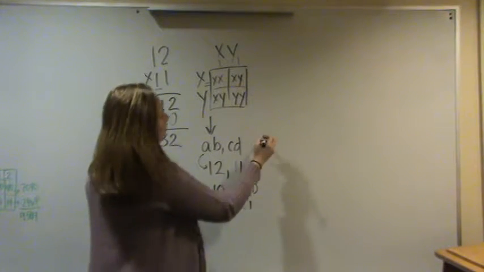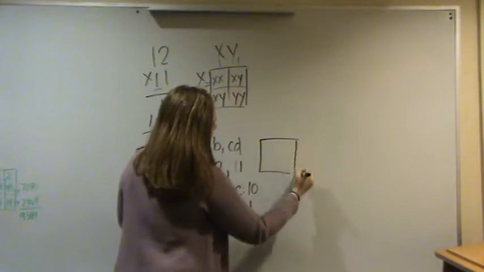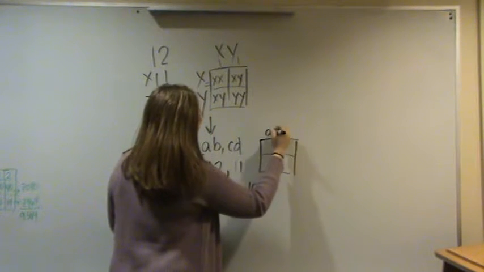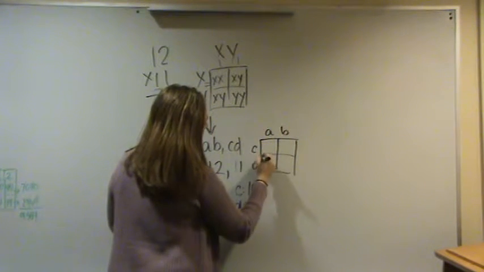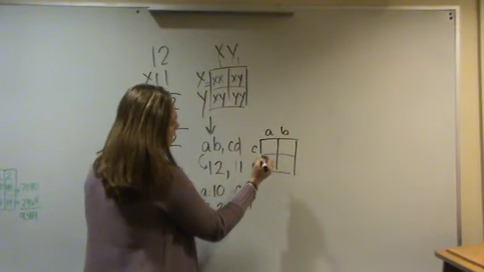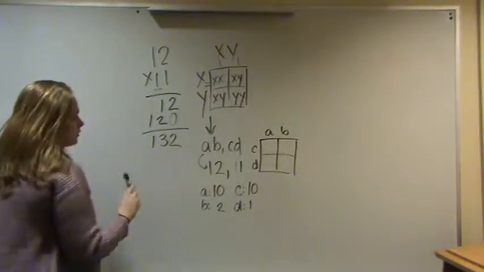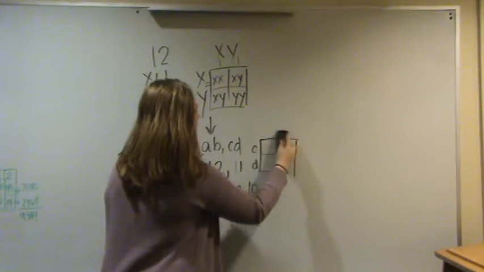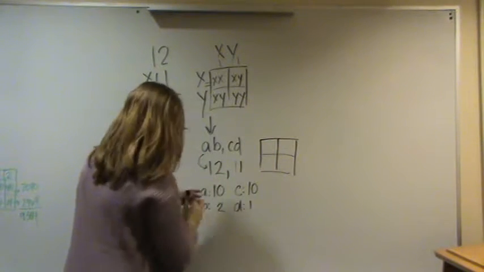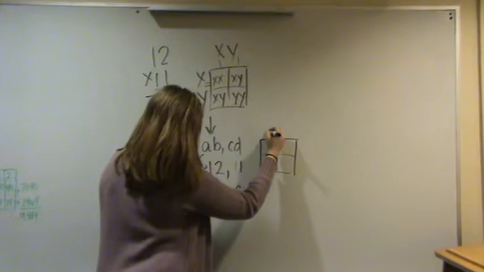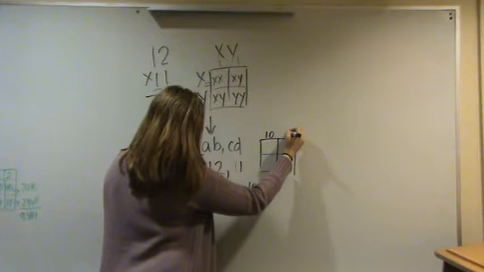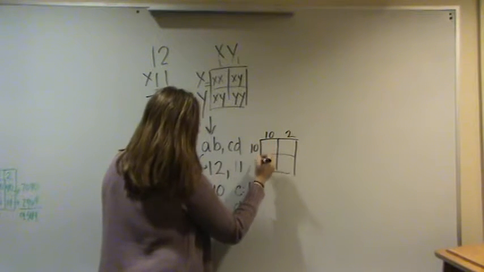Now if I were to put this in a square, I would have a, b, c, and d. And so we're going to change these to 10, 2, 10, and 1.